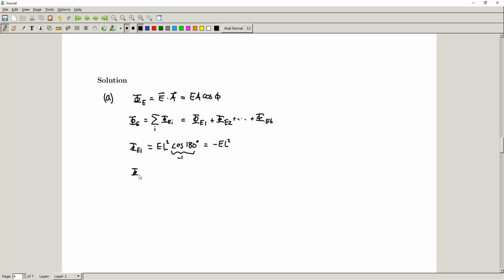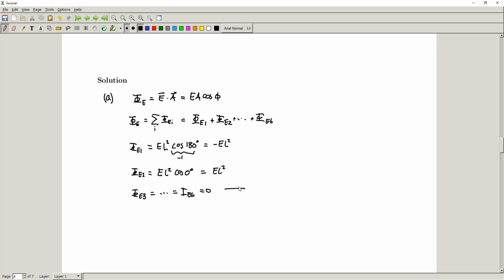For face 2, the flux through face 2 is going to look like this. We're going to have E L squared again. And this time, the electric field and the area vector point in the same direction. So this is going to be 0 degrees. And so we end up with E L squared. And then for each of these ones, for face 3, face 4, face 5, and face 6, this is going to be equal to 0.